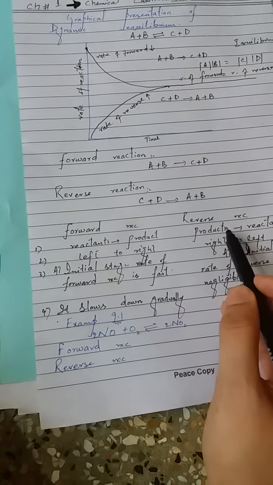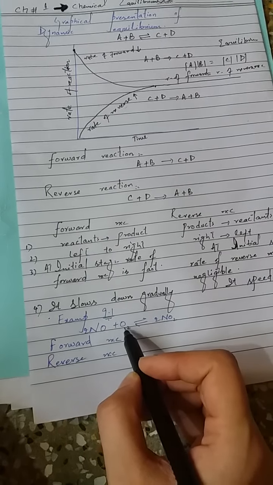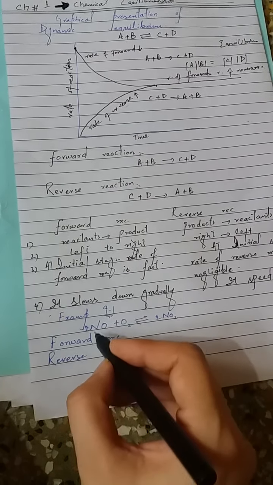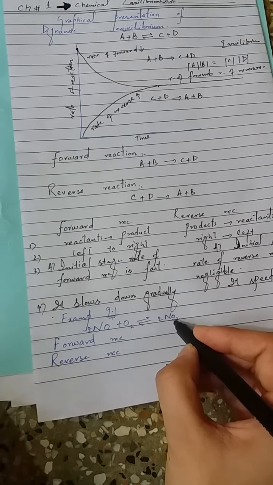Examples of forward and reverse reactions: NO reacts with O2 to form 2NO2. Here NO reacts with oxygen and forms nitrogen dioxide.